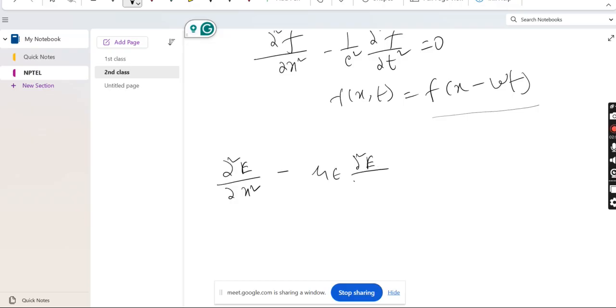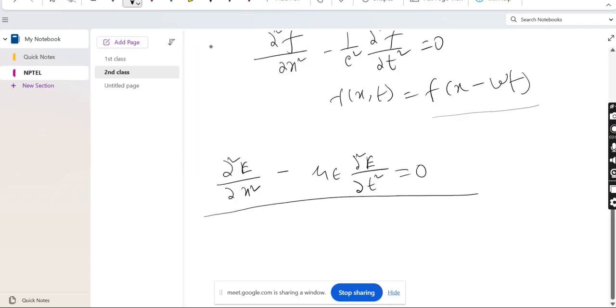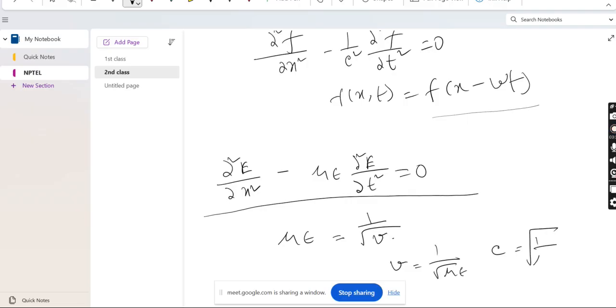In the last tutorial, I also showed how we can derive this formula from Maxwell's equations. And v is equal to 1 by root over mu epsilon, and c is equal to 1 by root over mu naught epsilon naught.